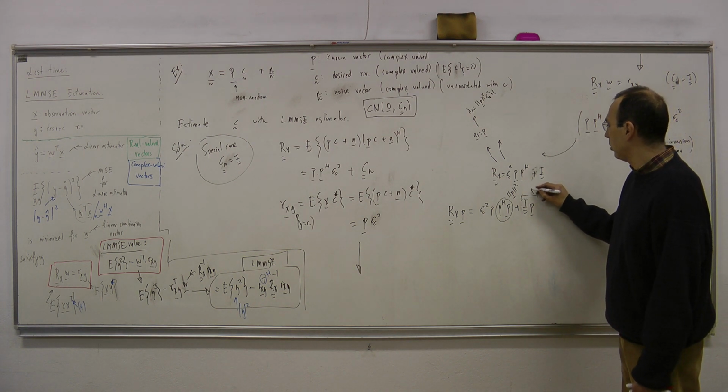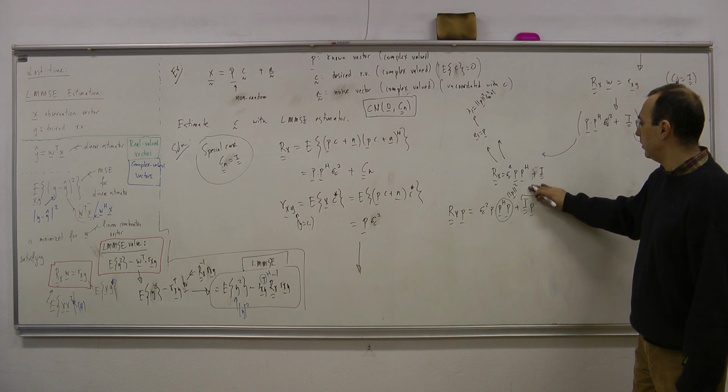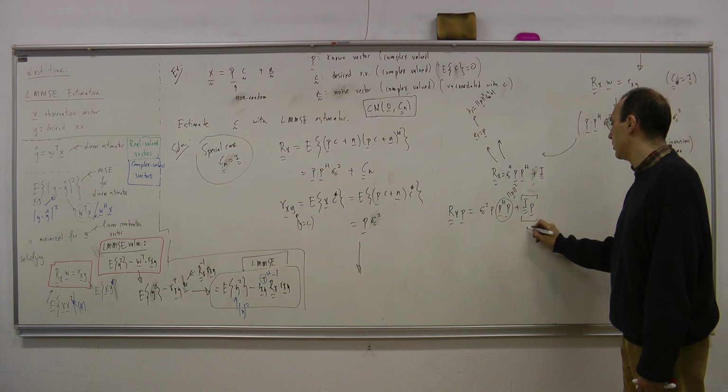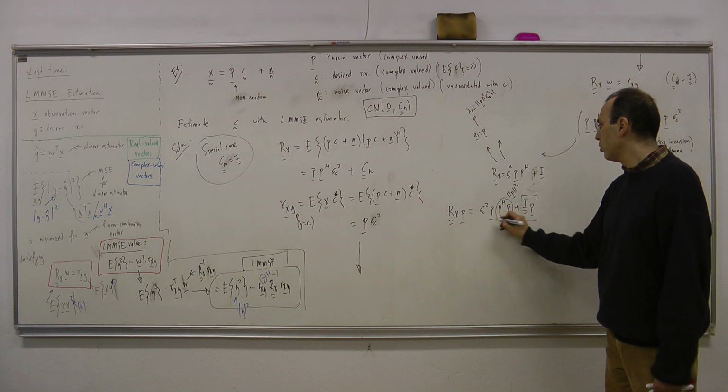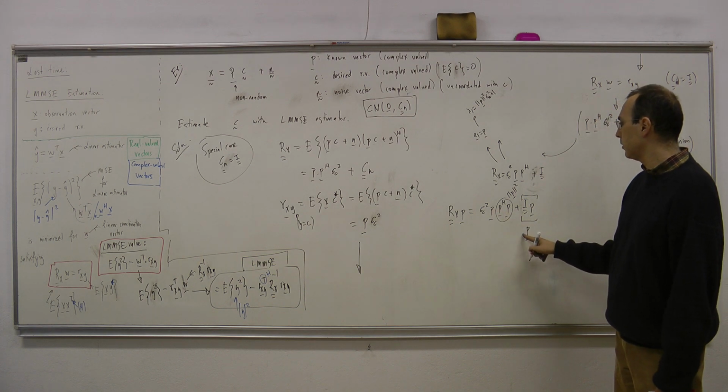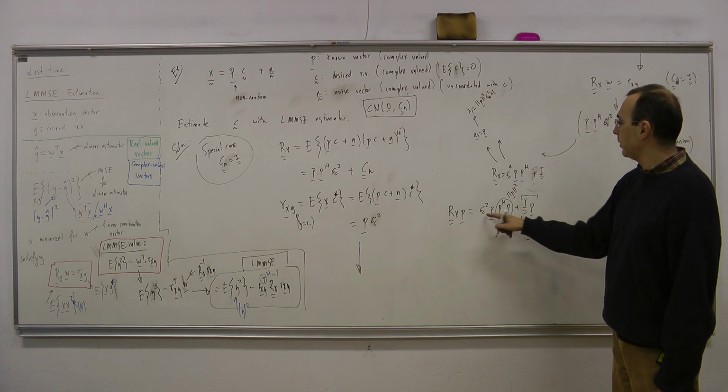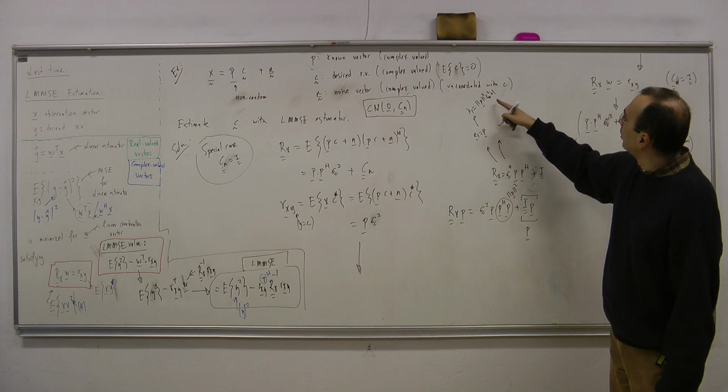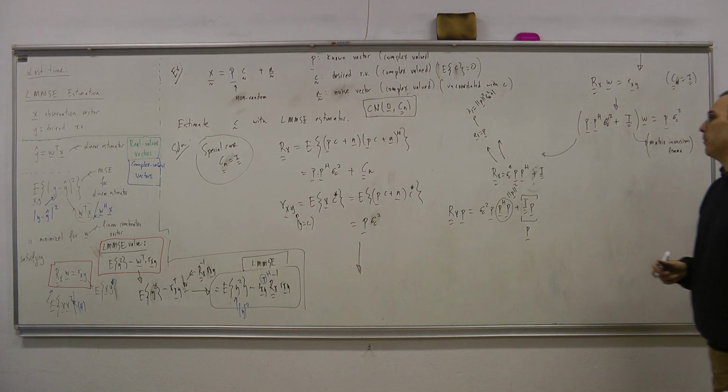And identity times P is the P vector itself. So this is nothing but the P vector times 1 plus sigma c square norm of P squared. This is an eigenvector indeed.